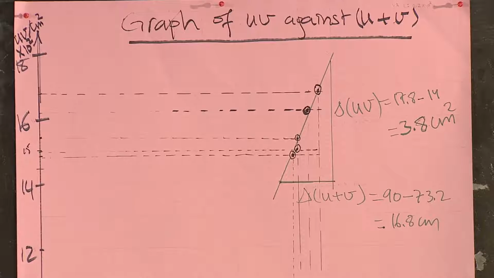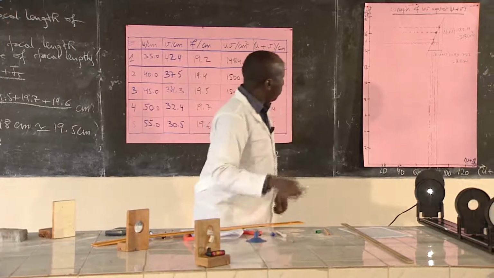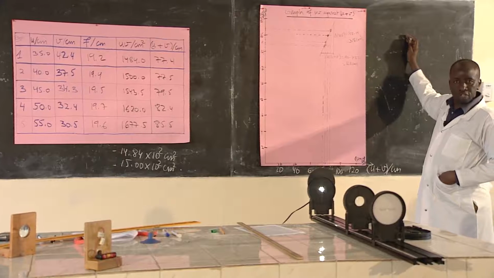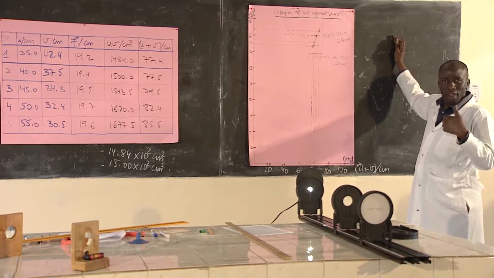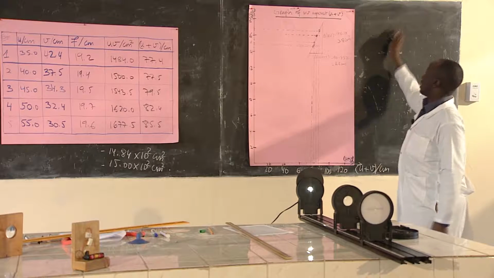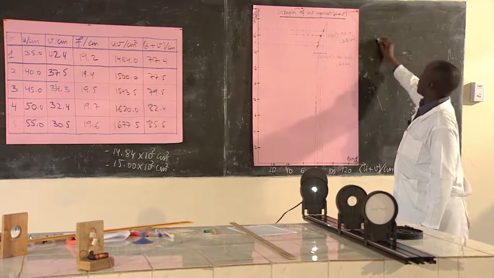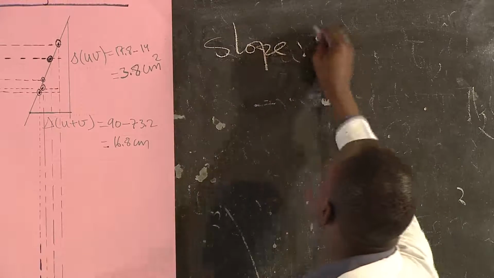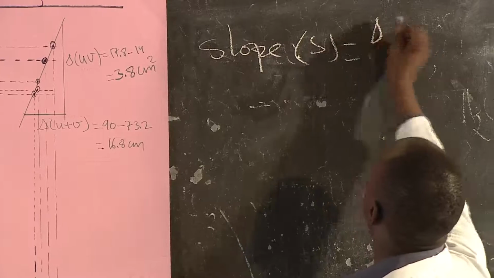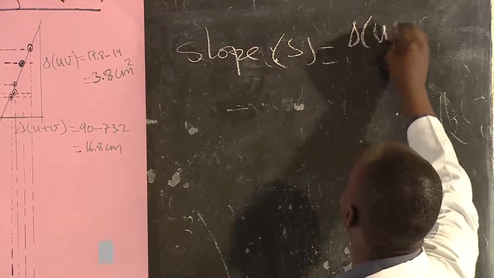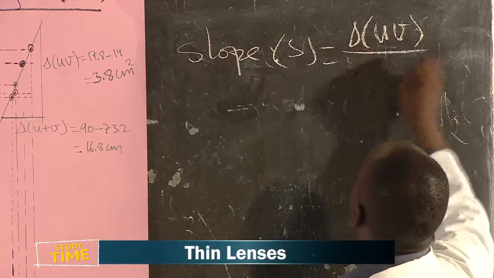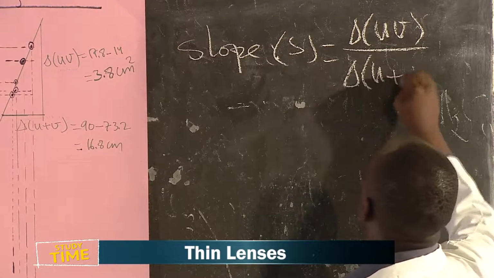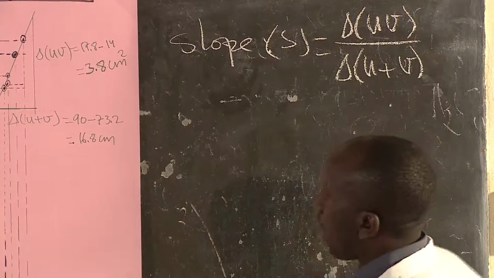Good. Now, let's find the slope. The slope here, I hope this is good for you. So just write. Is it okay? Okay. Now, so what do we find here? To find the slope, that is slope S, this will be equal to the change in what we have as the ordinate over the change for what we have as the abscissa.